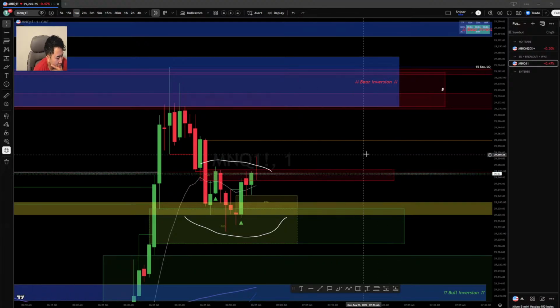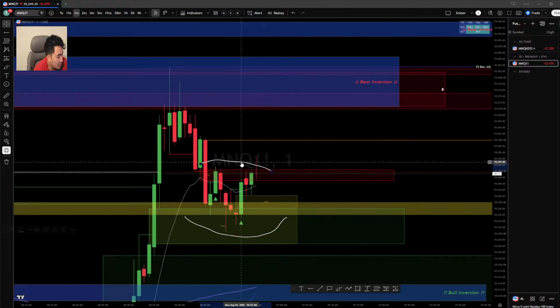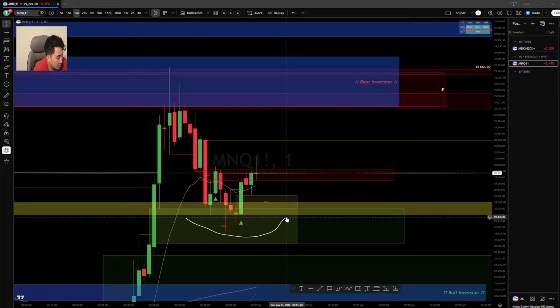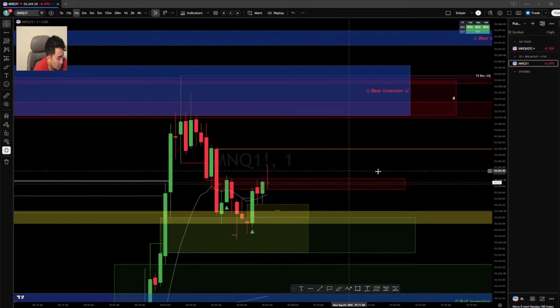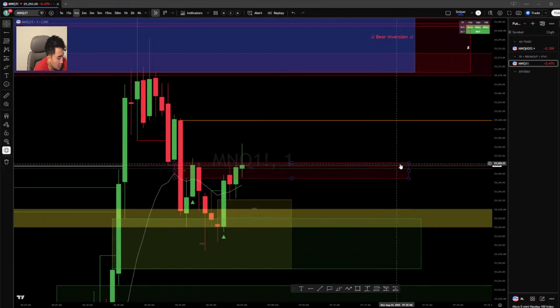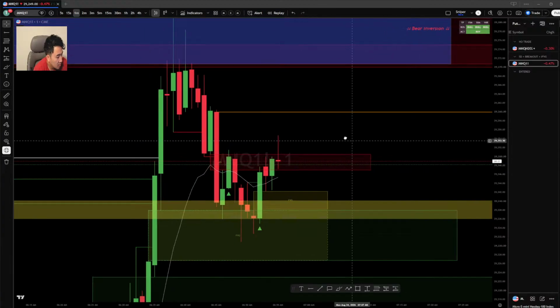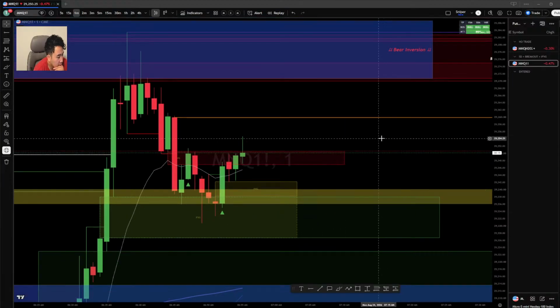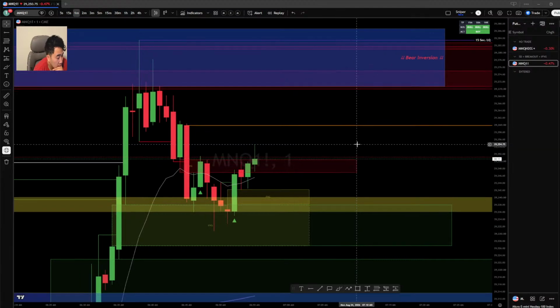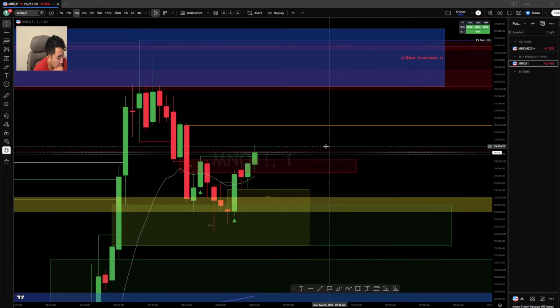Price is still rejecting off of this bearish gap here. Eventually it should break it, or it should close above it. Overall, we're bullish here on the 1 minute and then the 15 and 30 minute time frames.